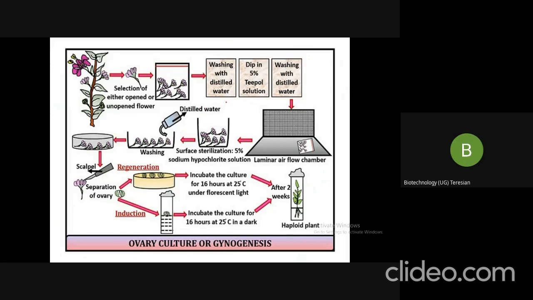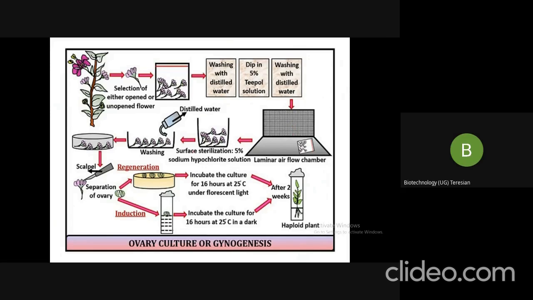Dip into 5% Teepol, that is your detergent solution, for 10 minutes, and again wash to remove the traces of Teepol. And finally, you transfer the flowers into the laminar airflow cabinet. Surface sterilize the flowers by immersing them into 5% solution of sodium hypochlorite for 5 to 7 minutes. Wash them with sterile distilled water.